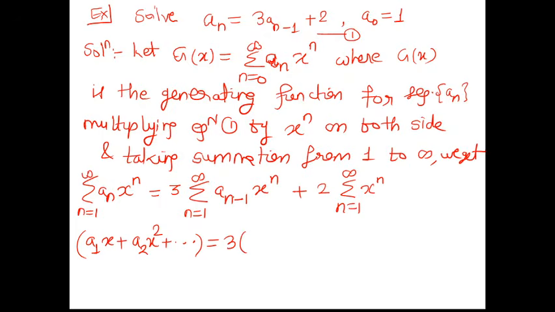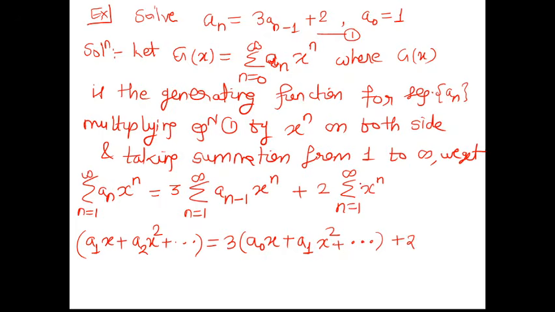Now when I substitute n equal to 1 here, it will become 1 minus 1, 0. So a0 x power 1 plus a1 x to power 2. Next we put n as 2, so this will be 2 minus 1. So a1 x power 2 and so on, plus 2 times.